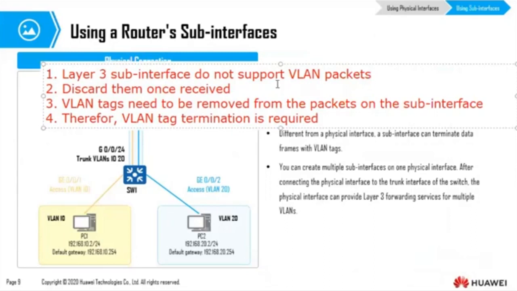They will discard them if they receive them. Therefore, VLAN tags need to be removed from the packets on the sub-interface. So you need what is called VLAN tag termination. VLAN tag termination.